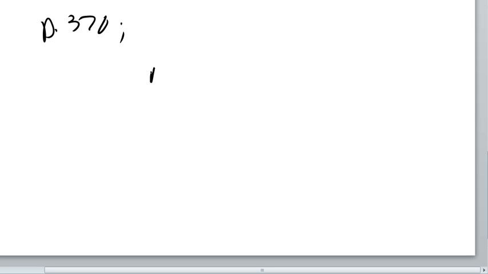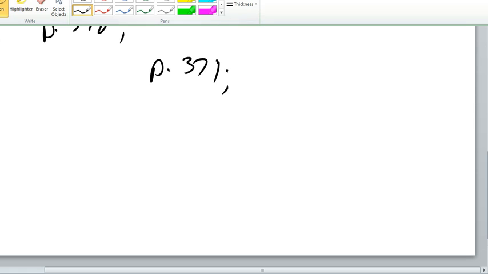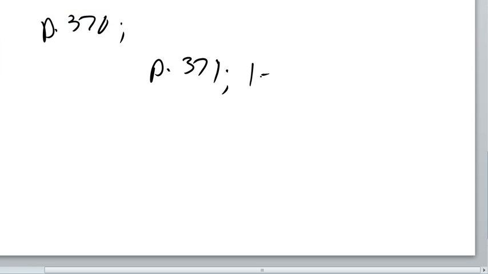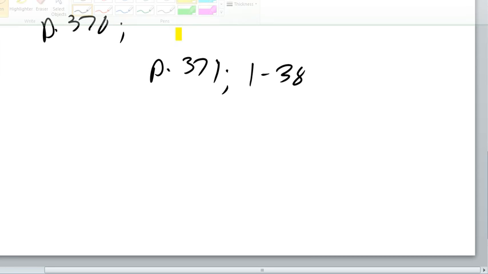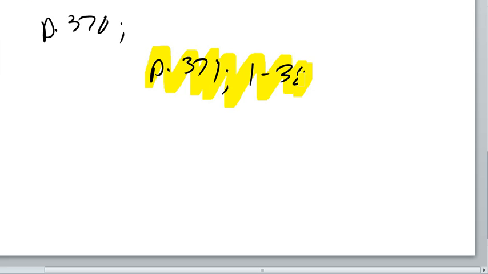This once again is going to be on page 371. It's going to be a homework assignment that you can look at, and it's going to take you 1 through 38. Those are some pieces that you can look at, some different things that will be on the test.